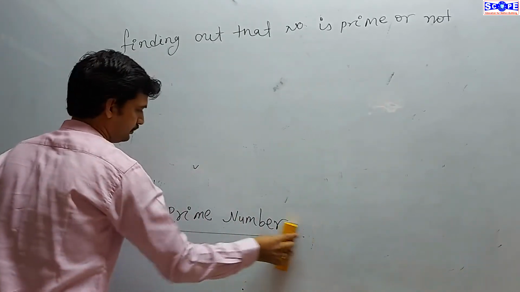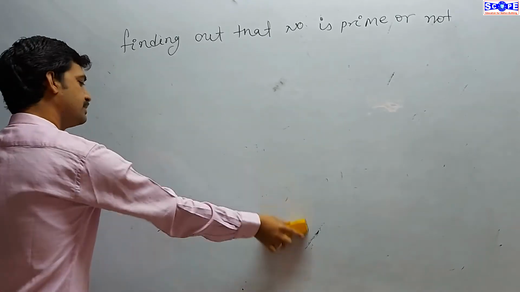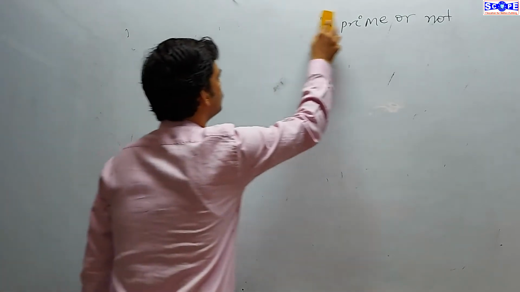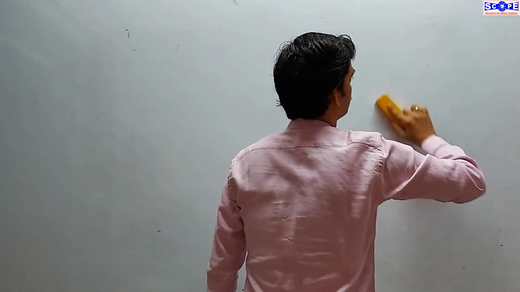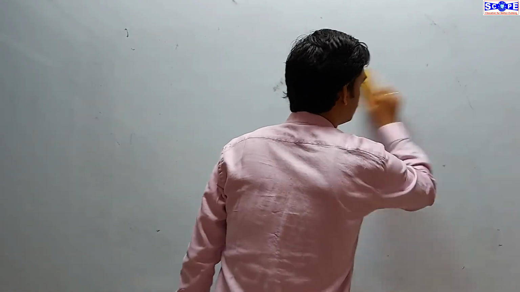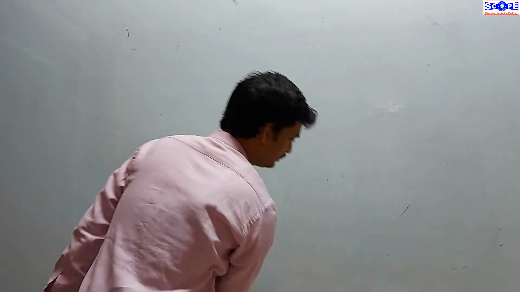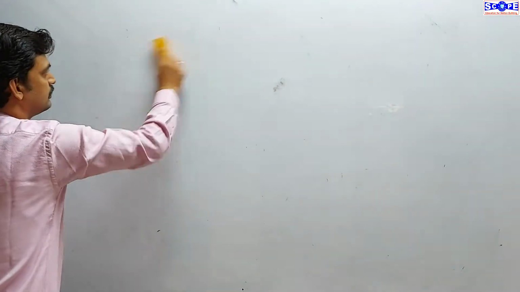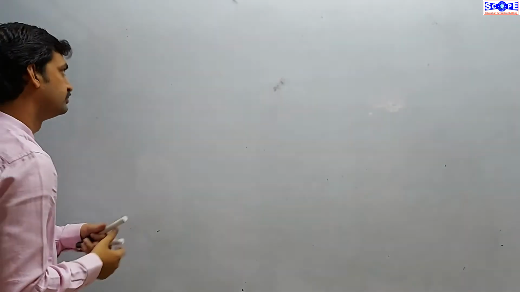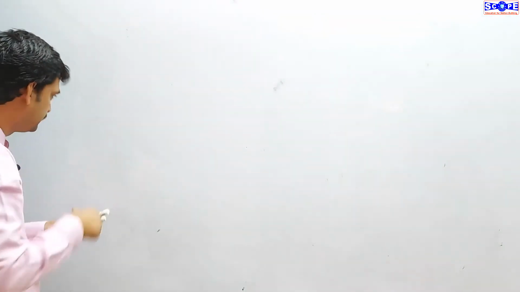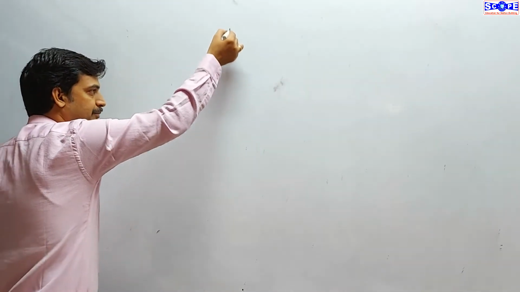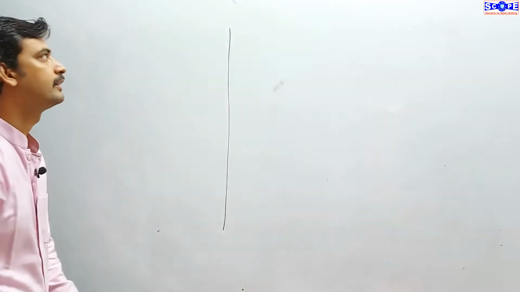Now we'll move to divisibility rules. In your copy, on one page you should divide that page into two parts, right?